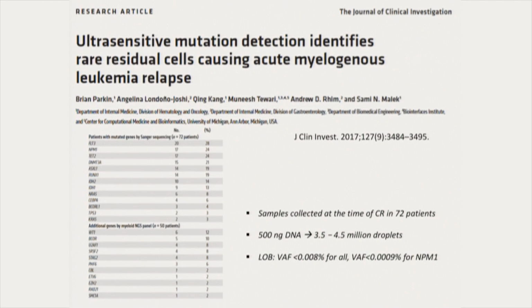This is still ongoing, and how NGS will improve detection is something people are still exploring. A recent paper published in the Journal of Clinical Investigation, I think, set a gold standard for how to use a multiplexed test for MRD.